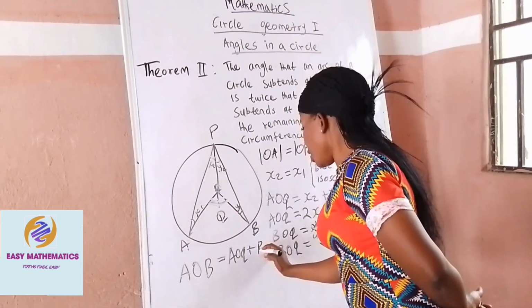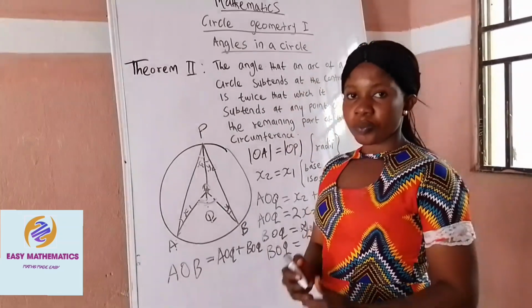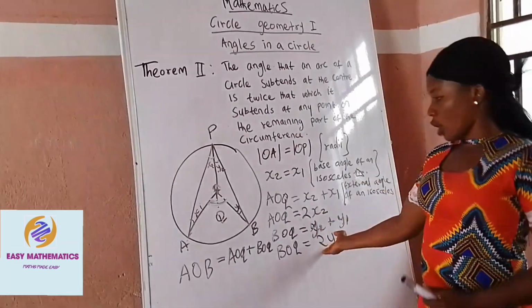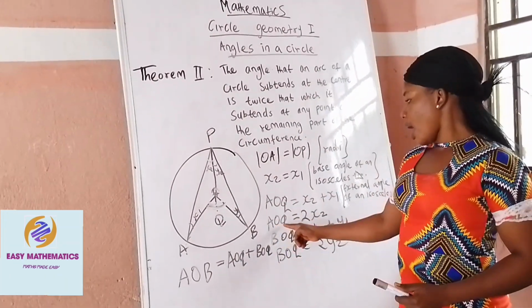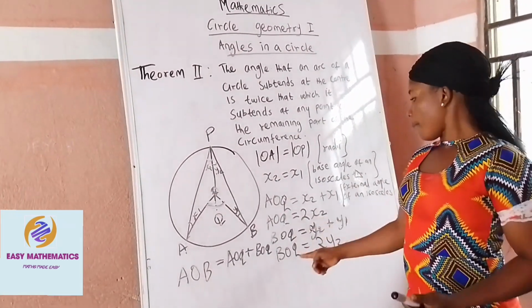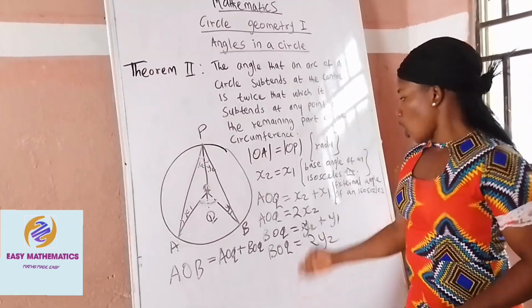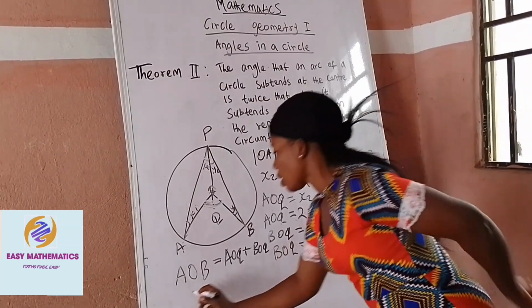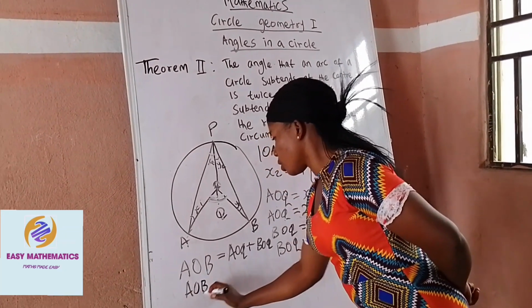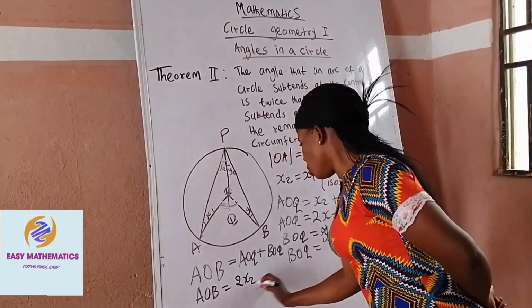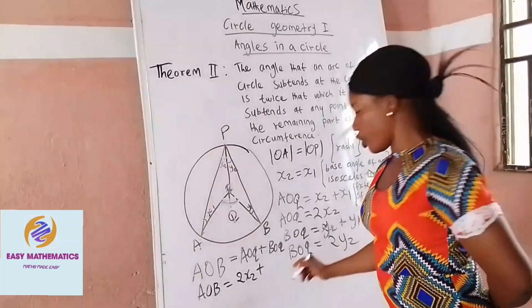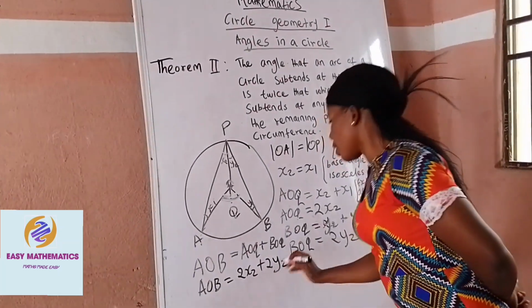If you look at what we discussed, AOQ is 2S2 and BOQ is 2Y2. So AOB is equal to 2S2 plus 2Y2.